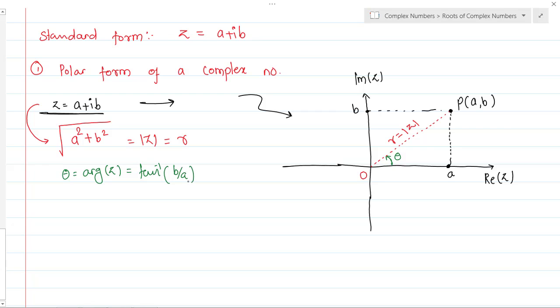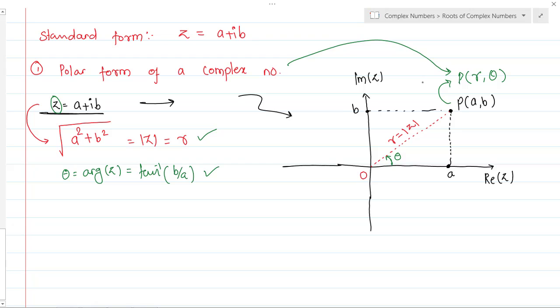So from the previous part we understood that any complex number has two parameters. One is its modulus and another is theta, that is the argument. Simply, the representation of this point P in the form of r comma theta is known as the polar representation of the same complex number.